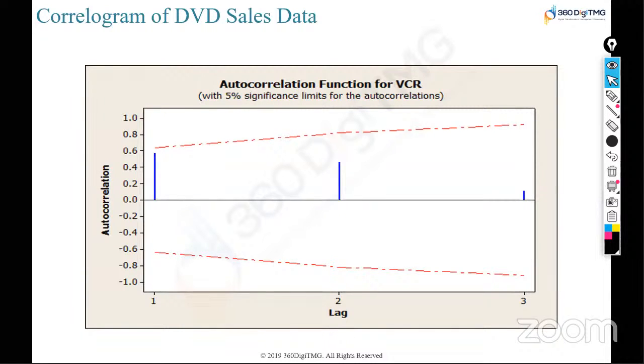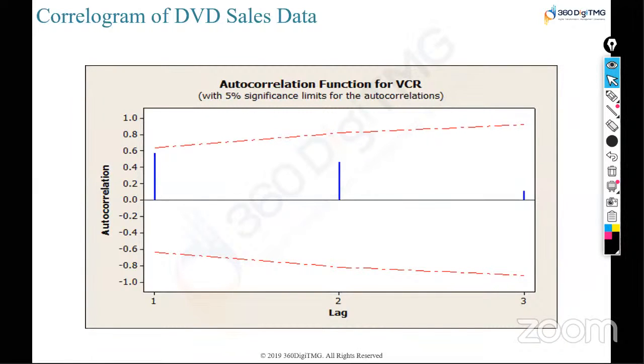Let us try and understand that blue line. That blue line is an indication of how much correlation coefficient exists between the data and the lag. Now this is the autocorrelation function, or the ACF plot, for the VCR sales. So for lag 1, the correlation coefficient is a little less than 0.6.